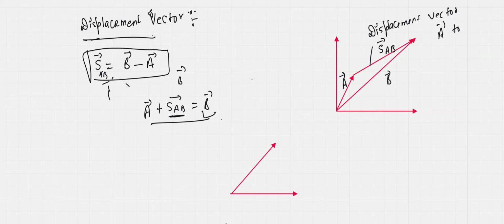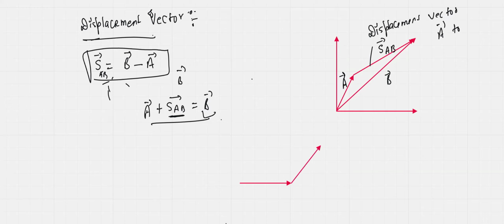If you see, the tail of this S_AB was joined with the head of A, right? So I will just reverse it for a while. Look now, this is my A vector. This was a tail, so I can make it like this.